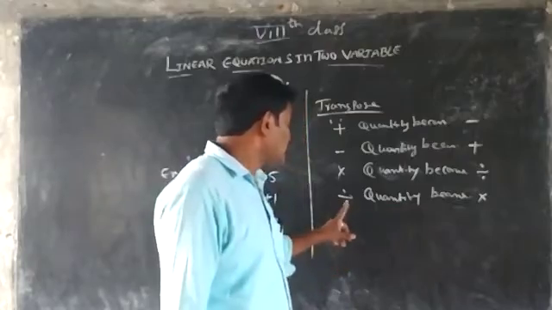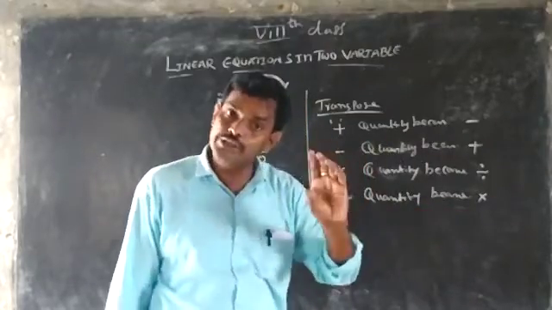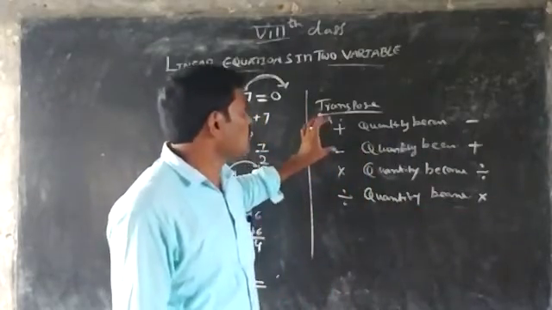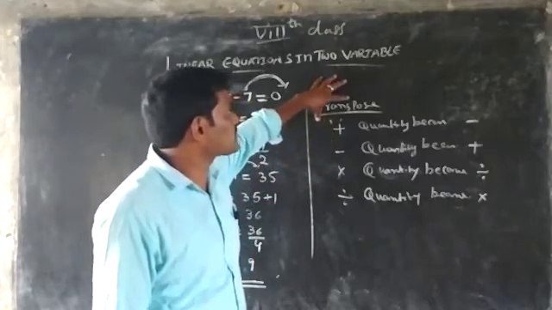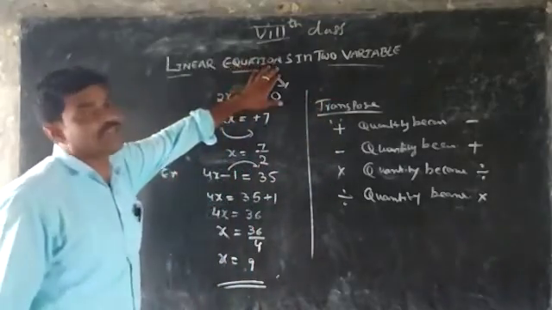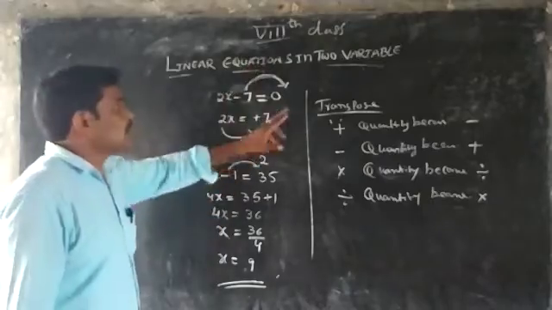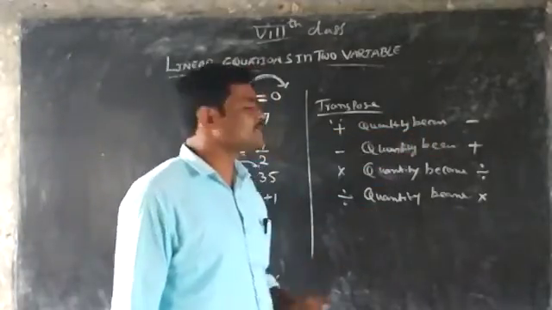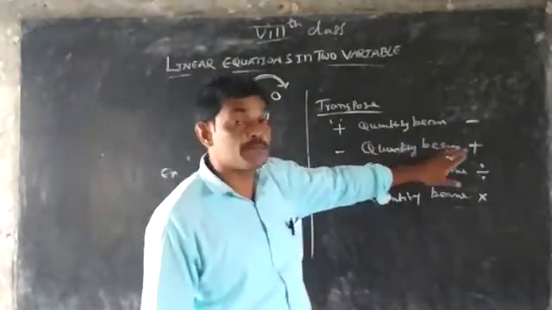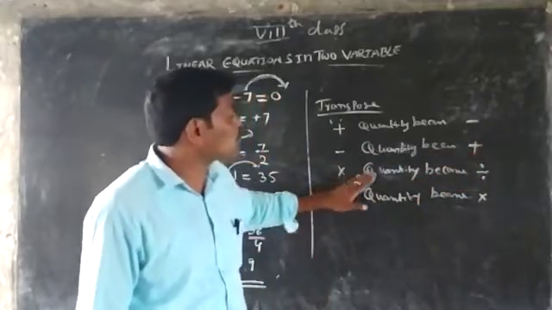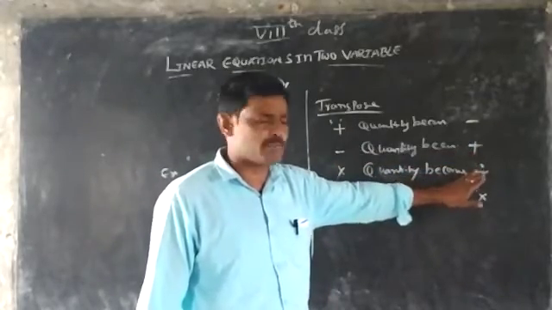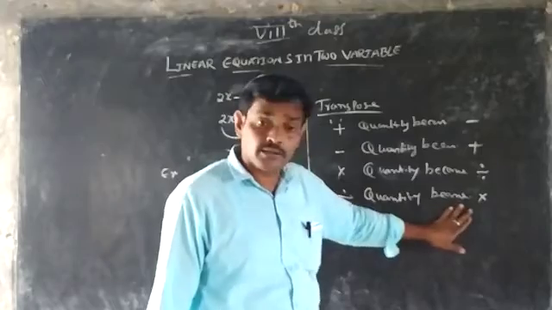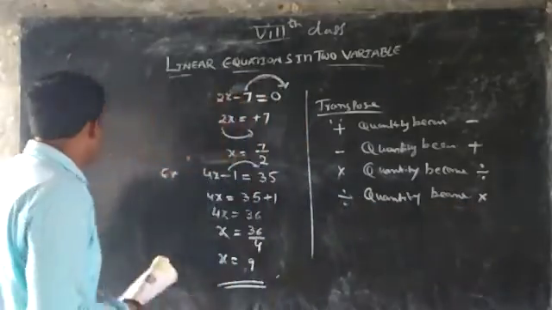Divided by quantity becomes into, multiplication. So these four binary operations are very important in linear equations. Plus becomes minus, minus becomes plus, into becomes divided by, divided by becomes into.